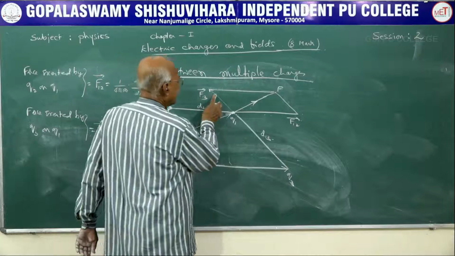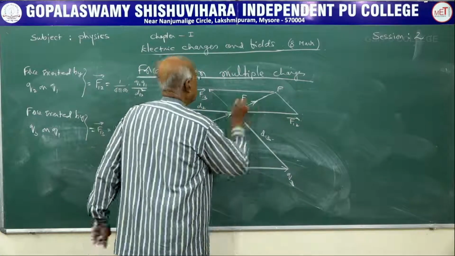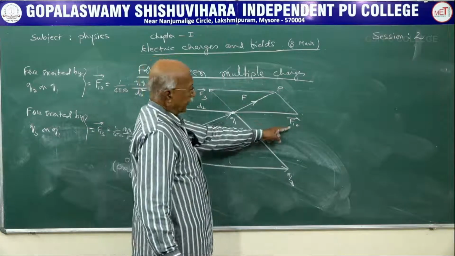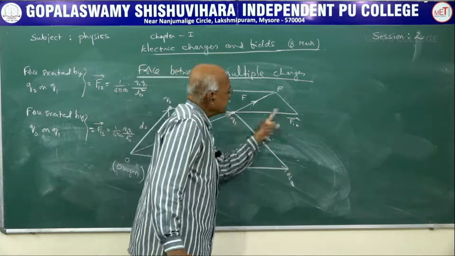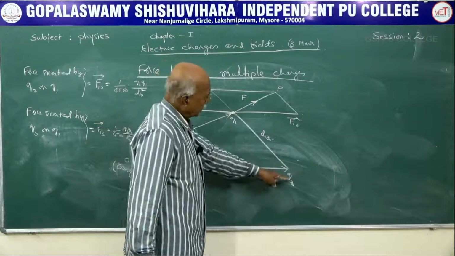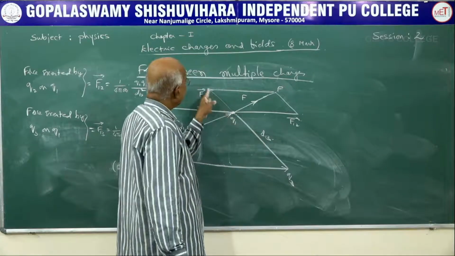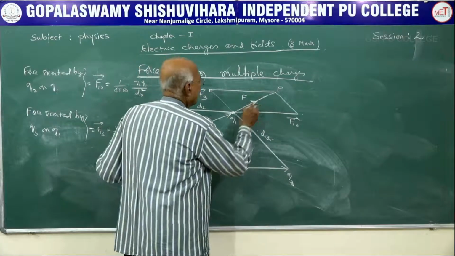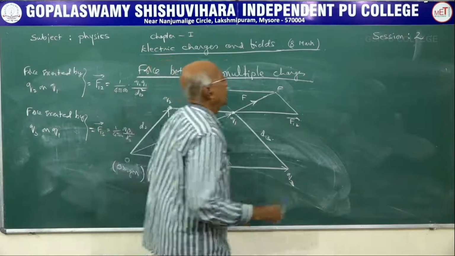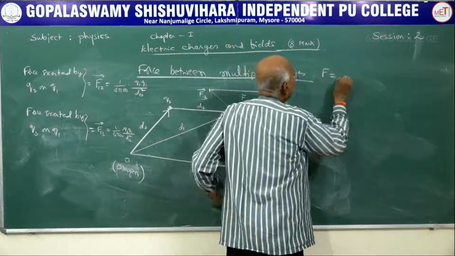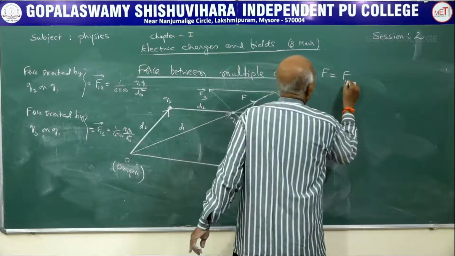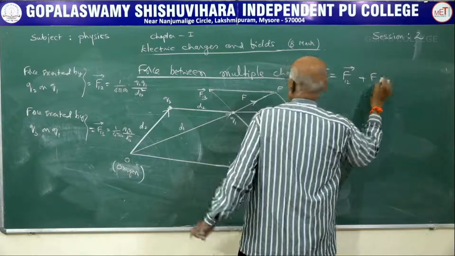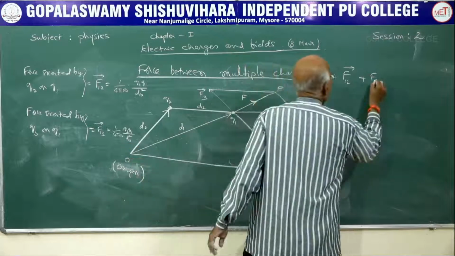Now the resultant of these two forces is F. The force F12 is acting along this direction. The force due to Q3 on Q1 is acting along this direction. This represents the resultant. Therefore, the total force, the resultant force, is F12 plus F13 vectorially.